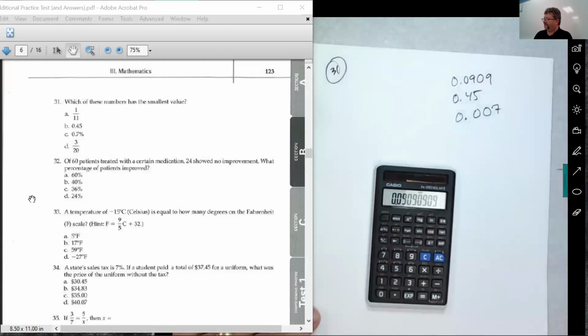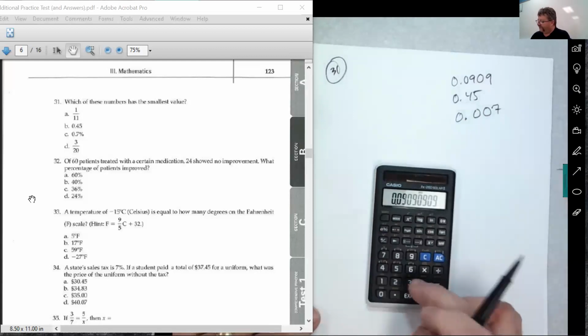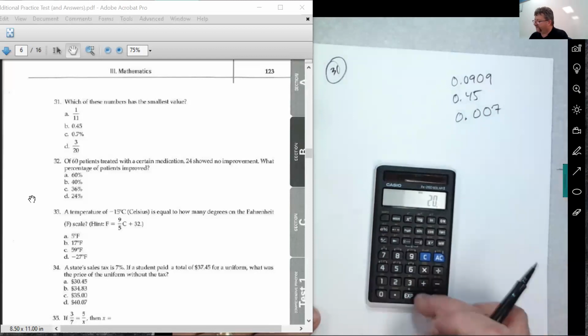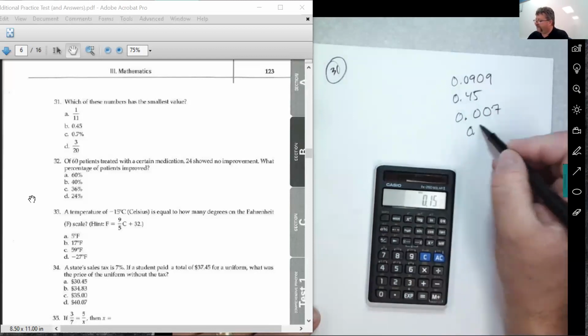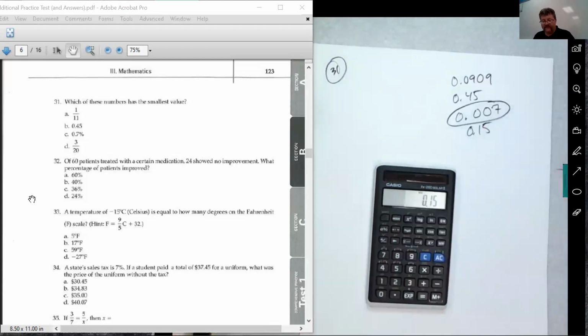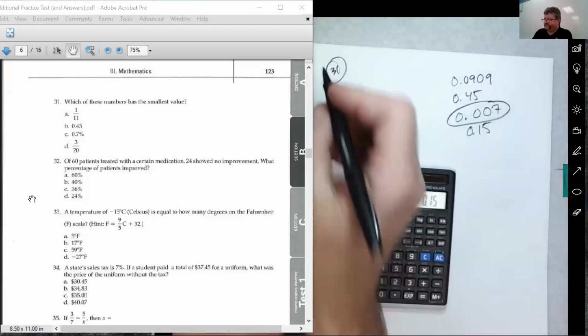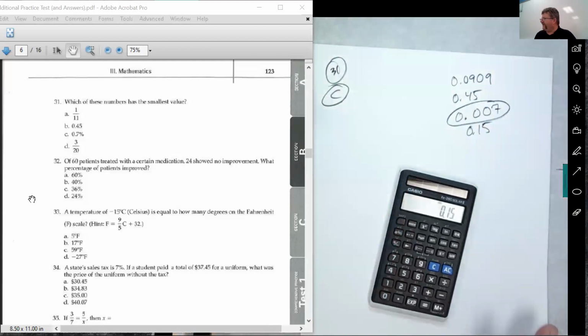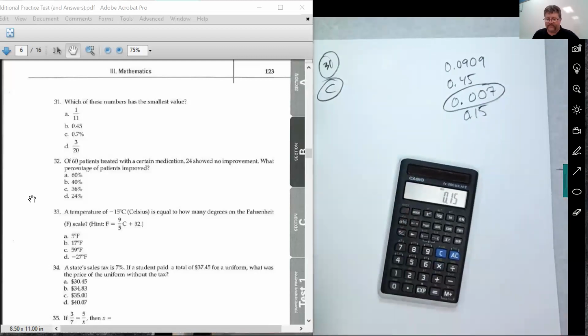That one's looking promising so far. And then 3/20, I think we know that's not going to be that small. That's 0.15. Okay, so the smallest would be this one here, which would be choice C. Trial and error. There's maybe a quicker way to do it, but that's how I would do it if I were sitting there.